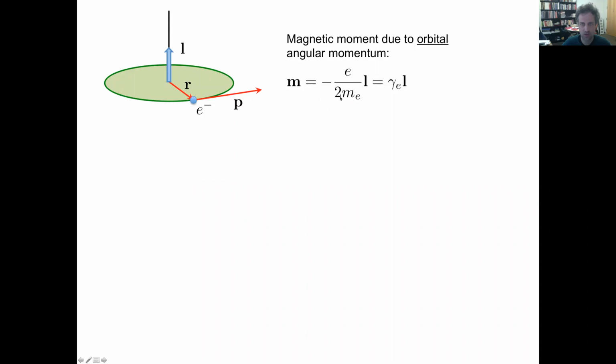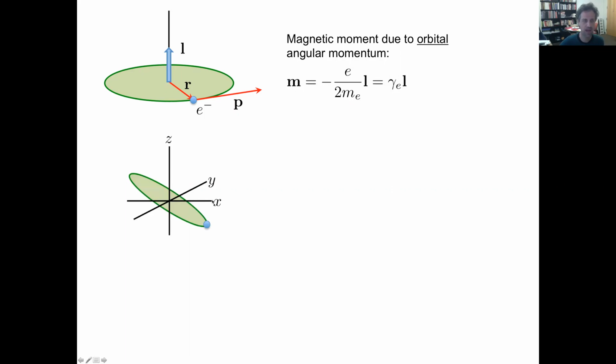It's e over 2m_e, where m_e, of course, is the mass of the electron, and there's a negative sign in front of it. That's because of the negative charge of the electron. This whole thing here, including the negative sign, is called gamma_e. So gamma_e times L, that is the direction and magnitude of the magnetic moment that the electron has as a consequence of spinning around.